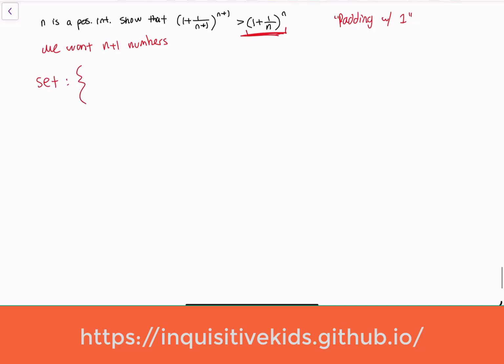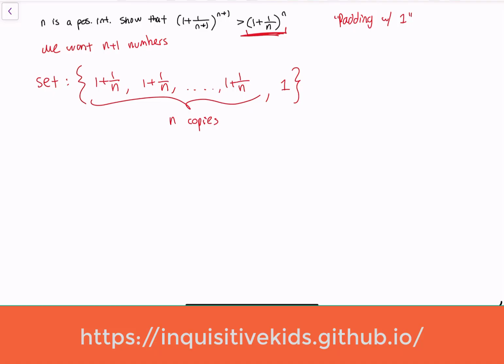In this set of numbers, we have a bunch of 1 plus 1 over n's. And how many of them are there? Well, there's going to be n copies. And finally, we're going to insert a 1 in this set as well. So there's one copy of the number 1.